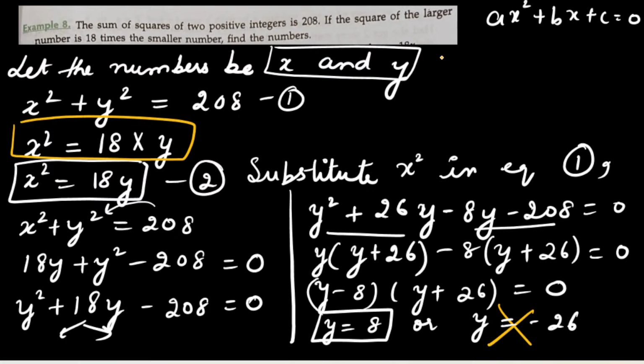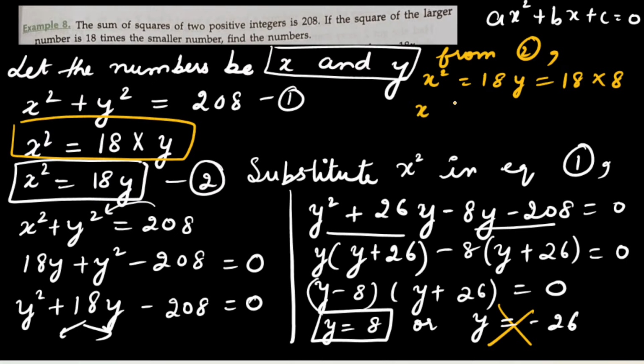From equation 2 we know x square is equal to 18y. So 18y means 18 into 8. What is 18 into 8? 8 into 8 is 64, and 18 into 8 is 144. So x square is equal to 144.